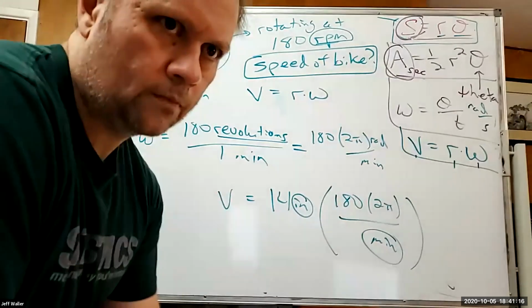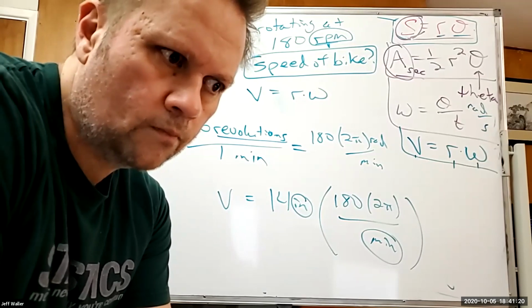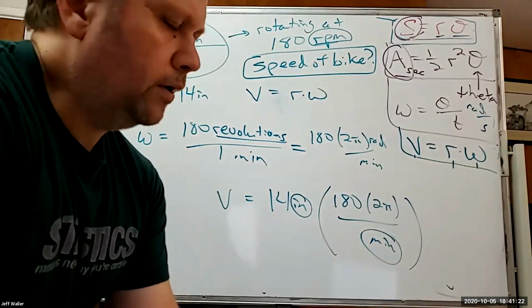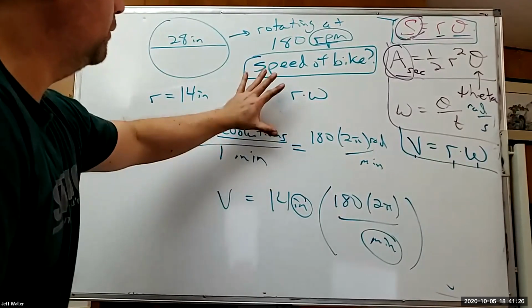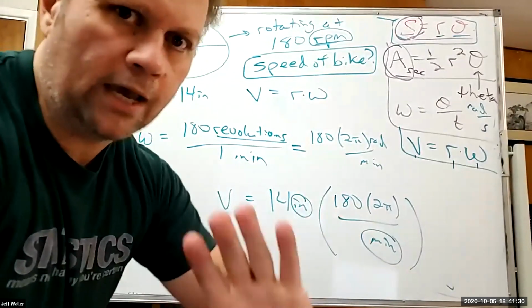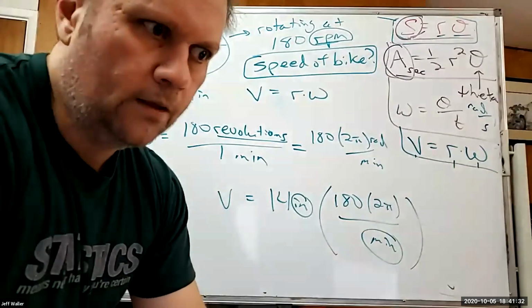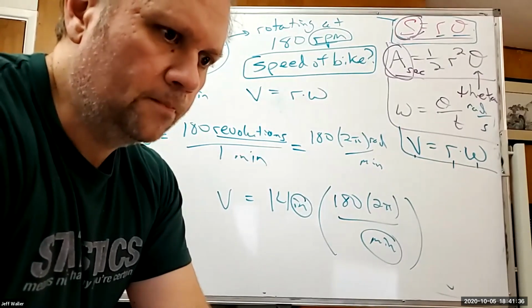When we give our final answer, do you normally want us to leave it in pi form, or do you want us to multiply it all out? That's a very good question. When it's a physical problem like this, you almost always want to go ahead and multiply the pi through, and you do that at the very end, so that there's not a lot of rounding before you get to the end.